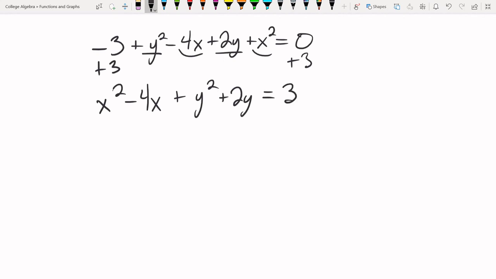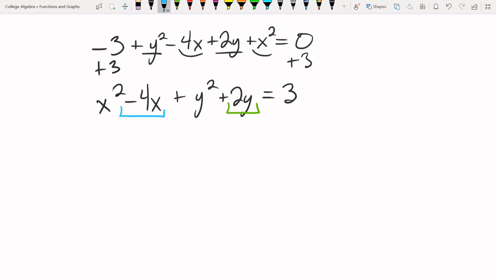Now I can complete the square. This process can be confusing, but just take it step by step and you'll be good to go. The first step is to look at the variable here. That's the single variable, not the squared one. So for the x and for the y, we're going to look at them separately. We'll do it at the same time.